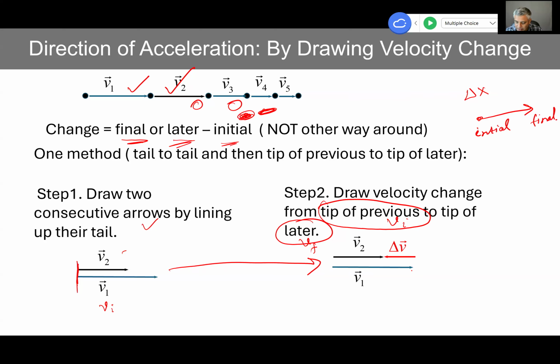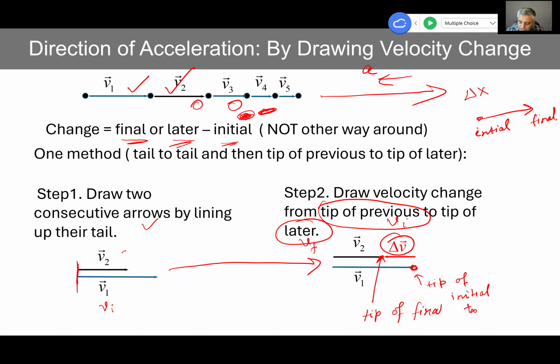Same idea here. You go from the tip of initial to the tip of final. And that is the change in velocity vector. So the direction of acceleration in this case, although the object is moving this way, the acceleration is that way, and they are in opposite directions, which means it's slowing down. So that's why it is slowing down, okay?